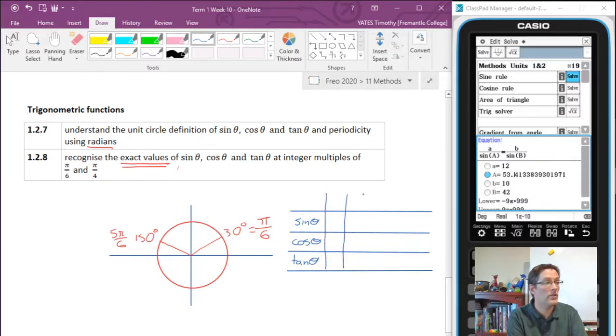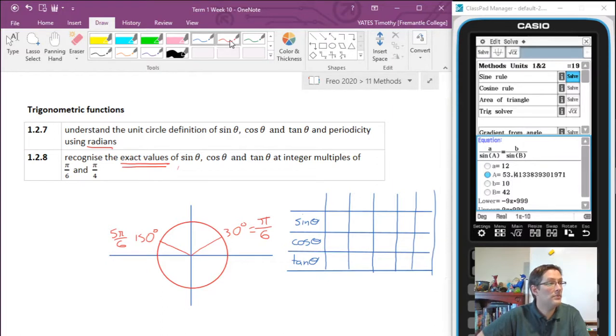That's 0, pi on 6, pi on 3. Actually, we'll need a bit more space. And that'll do. So, I'll do these in green. We have 0 up there.